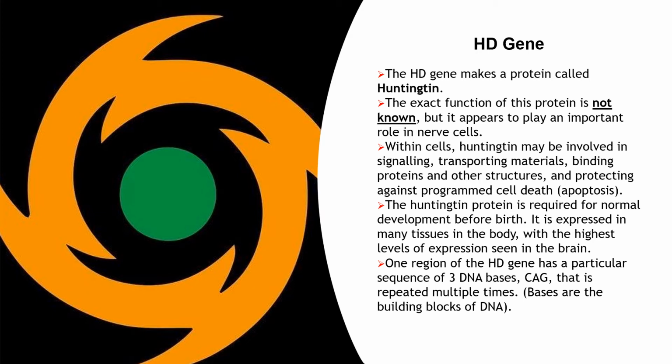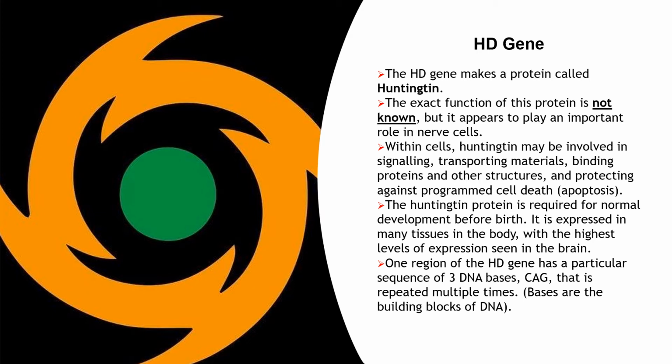In context of the HD gene, or Huntington's gene, the gene makes a protein called huntingtin. The exact function of this protein, at least in literature, historically, has not been known, but it does appear to play an important role in nerve cells.